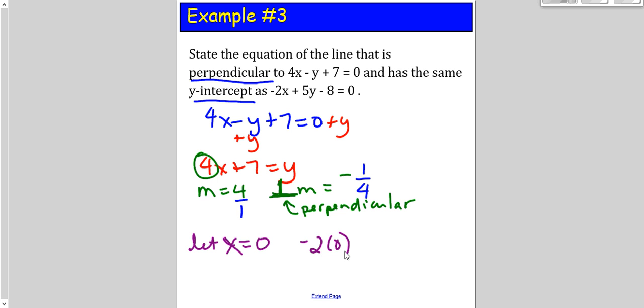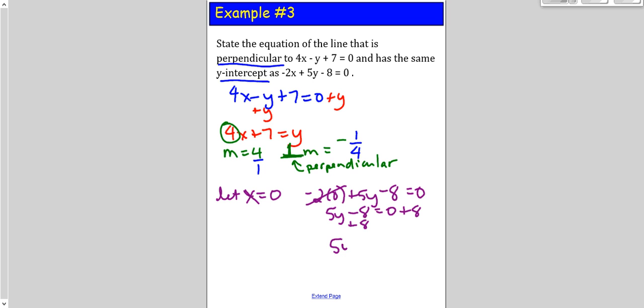So I get negative 2 times 0 plus 5y minus 8 equals 0. Well, negative 2 times 0 is just 0. So I get 5y minus 8 equals 0. I'm going to add 8 to each side, and I get 5y equals 8. Divide by 5, divide by 5. So my y-intercept is 8/5.